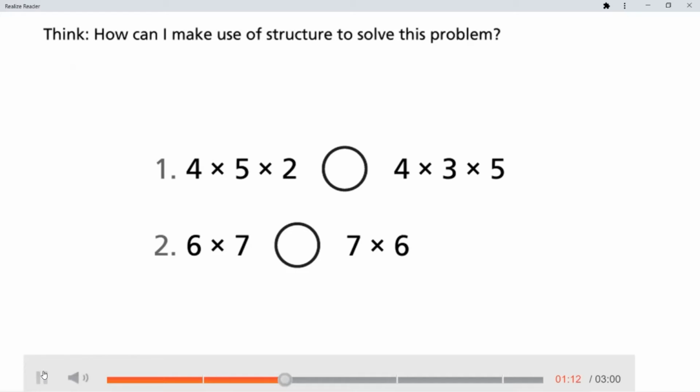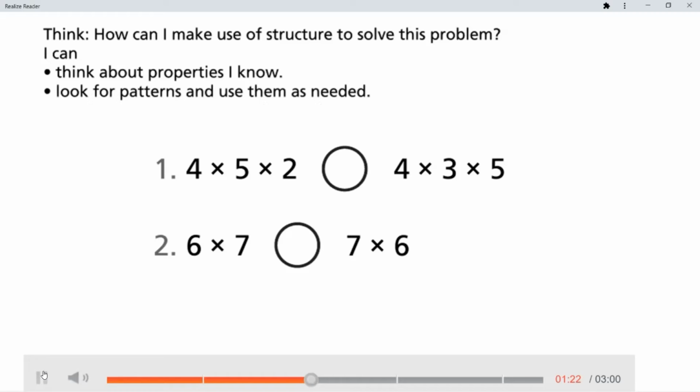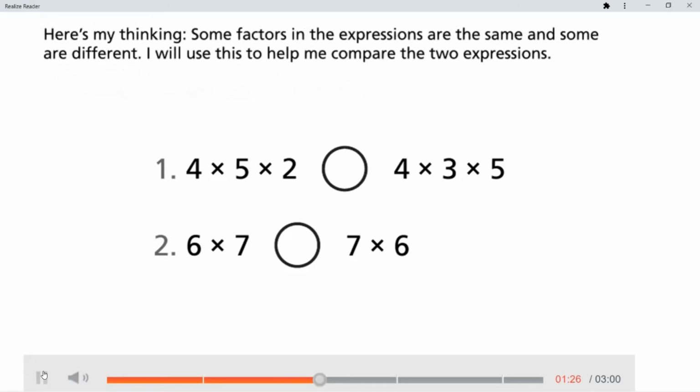Think, how can I make use of structure to solve this problem? I can think about properties I know, look for patterns and use them as needed. Here's my thinking. Some factors in the expressions are the same and some are different. I will use this to help me compare the two expressions.